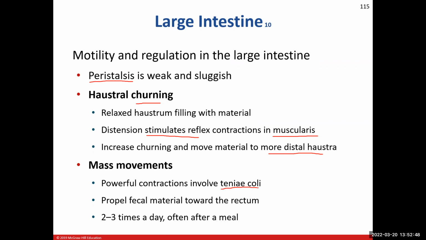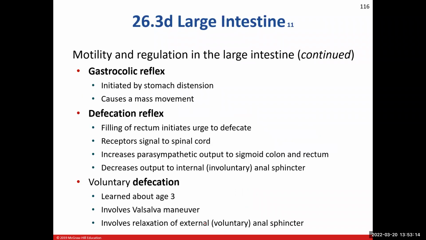So they'll elicit these strong contractions and really push that compacted fecal material into our storage facility, the rectum. Usually this is going to occur after a meal, and it can happen anywhere from 2 to 3 times a day. It'll push that material through, getting it into the rectum, and then you can have that defecation reflex occurring there.